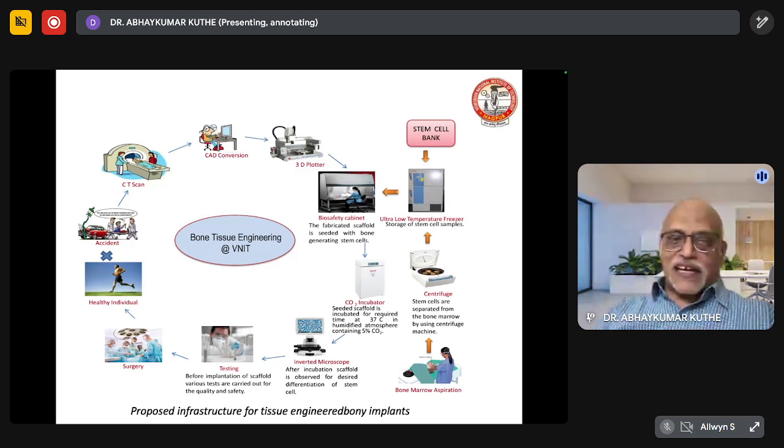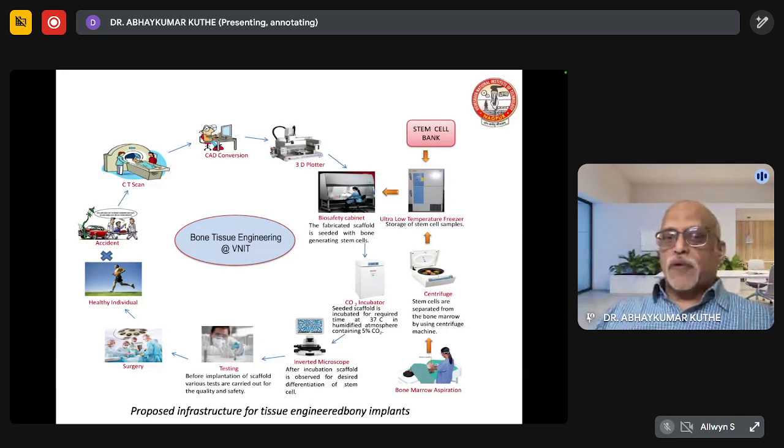Here again, we don't want this particular cycle to complete. We don't want a healthy individual meeting with an accident. Here, what we generally do is take a CT scan of the part and find out the best shape of the implant that is to be fitted. After that, we don't use 3D printing, but we use a 3D bioplotter.